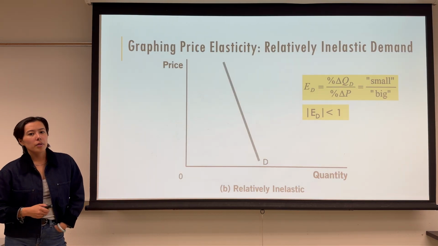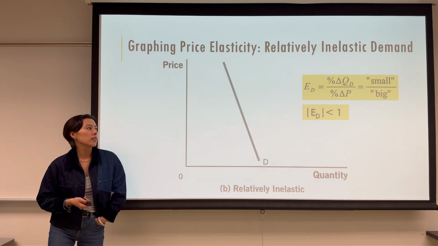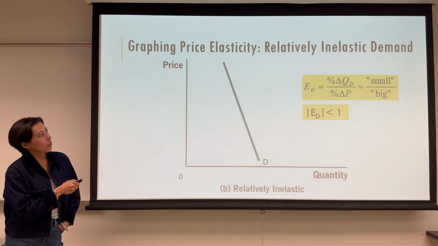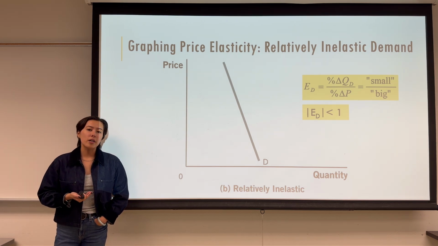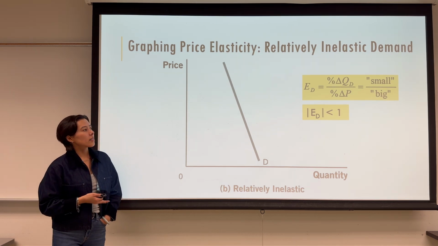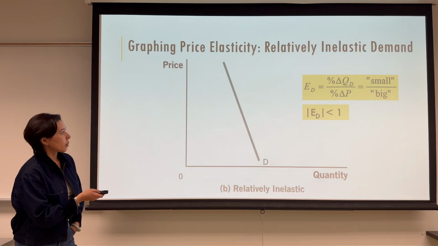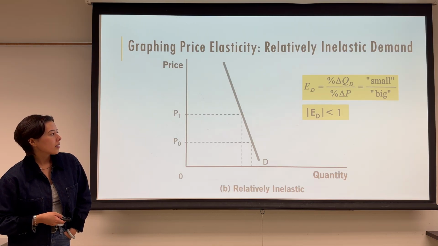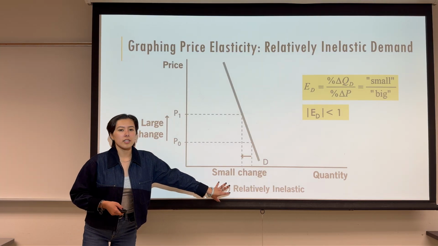All right, next up, we have a less extreme case. This is relatively inelastic demand. So now we're drawing a new demand curve, but remember that when demand is more inelastic, it's less responsive to changes in price, and this is going to give us a steeper demand curve. So what we see here is that for a change in price, we see a relatively small change in our quantity demanded.